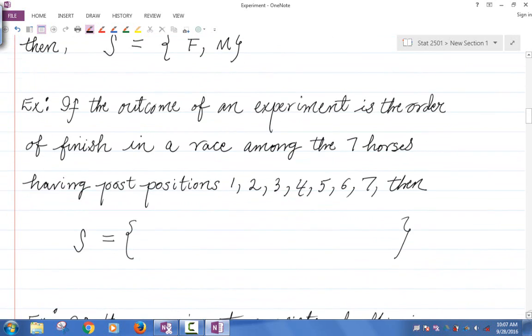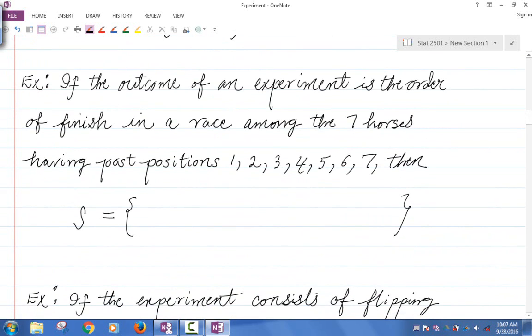If the outcome of an experiment is the order of finish in a race among 7 horses, having post positions 1 up to 7, then what is the sample space?